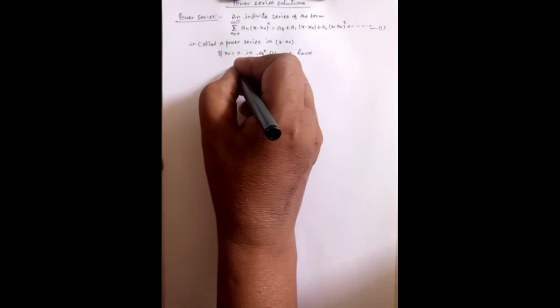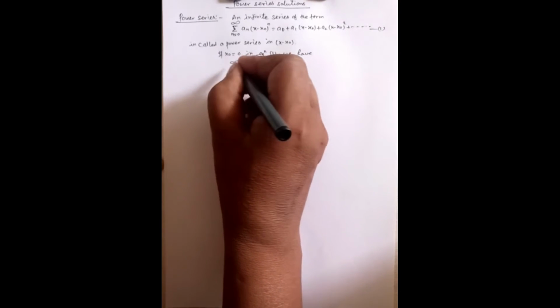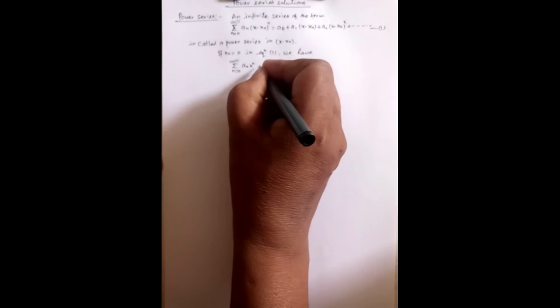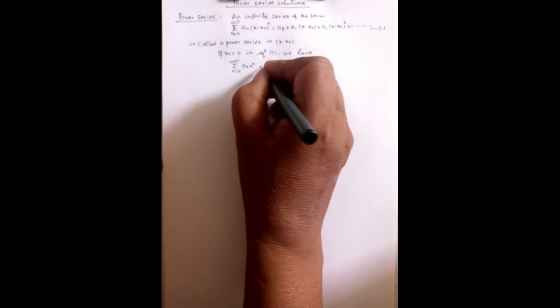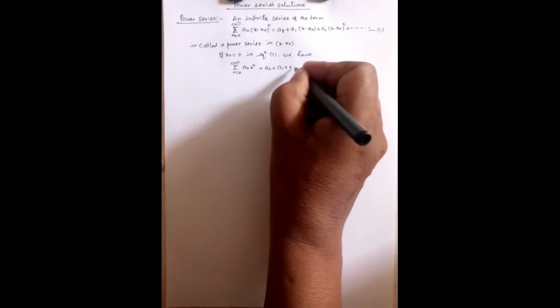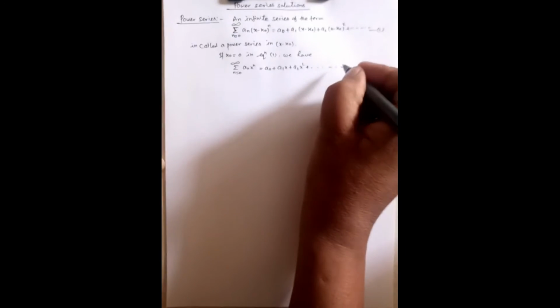We have summation n equal to 0 to infinity of a_n x power n, which is equal to a naught plus a1 x plus a2 x square plus, and so on. So this is equation number 2.